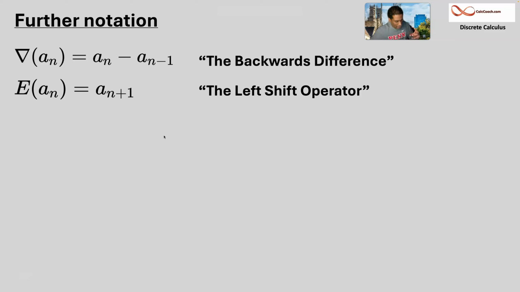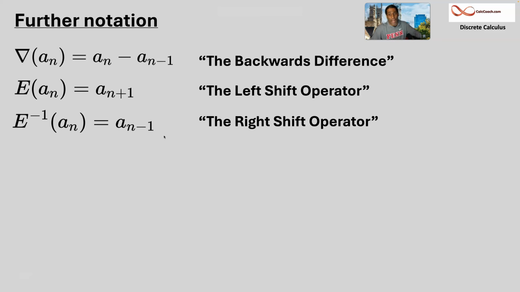E is an operator that will act on a sequence, and what it does is it just spits out the next term. Okay. And so if you're at the 8th term, applying E to it gets you the 9th term. It's a left shift operator. If there's a left shift operator, there's definitely going to be a right shift operator, and it's going to be the inverse of E. So if you're at the 8th term, applying E inverse will put you back at the 7th term.